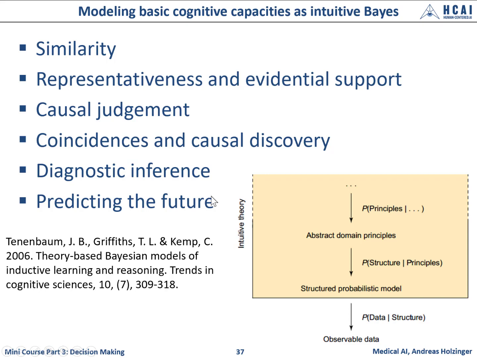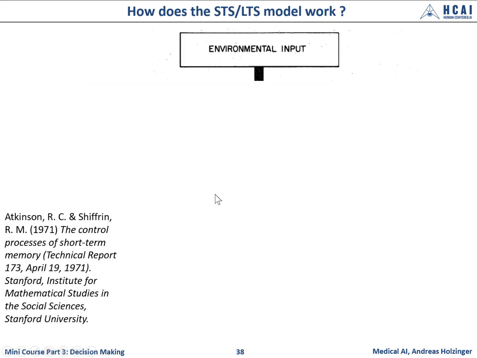Yeah, and this lets us now go even more back into the past. You know, if you want to look into the future, the best is to look into the past to understand the past. So how does the short-term storage or long-term storage model work? So this is an oversimplified model, in particular when it suggests that both short-term and long-term memory, or storage as they call it here, operate in a single uniform fashion.